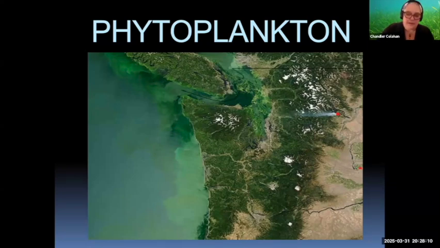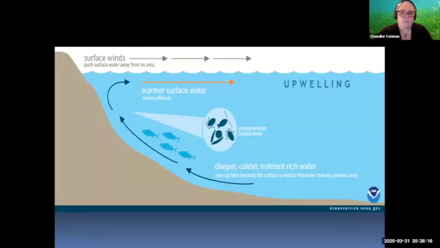And there's a couple of reasons that we live in such a great area for all this productivity. The coast of Washington is a little bit different than other places in that we have a very short continental slope. On the east coast of North America, the beaches will go for miles and miles, and the continental slope can go as far out as 400 miles.